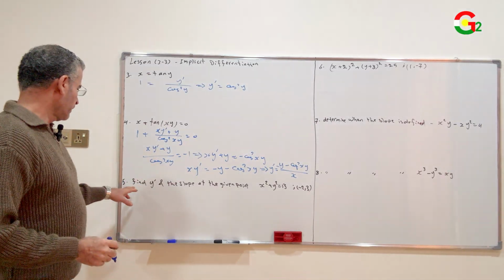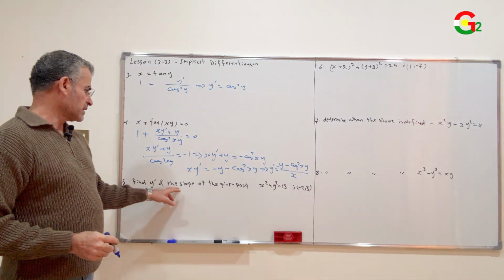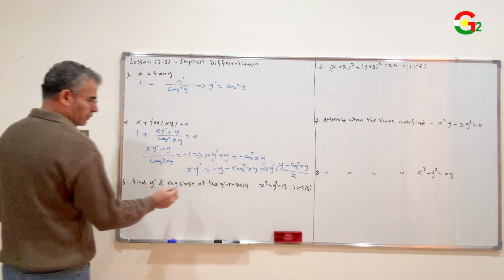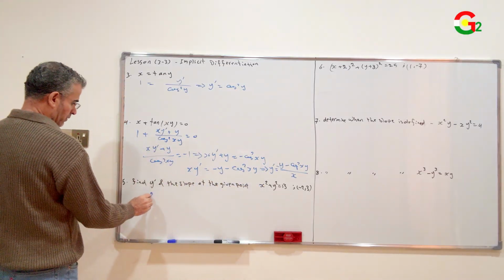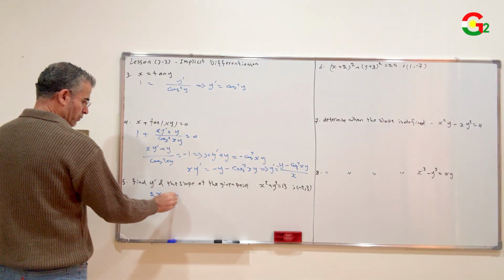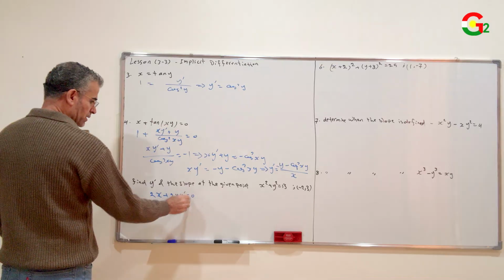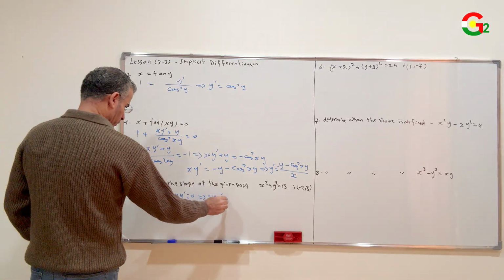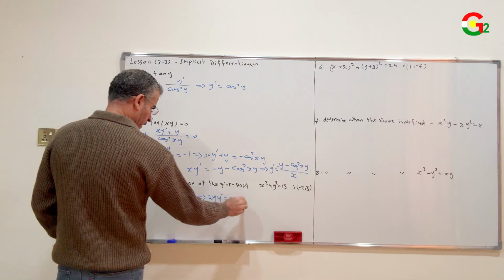Question number 5. Find y prime and the slope at the given point. To find y prime, we differentiate both sides with respect to x. 2x plus 2y y prime equals 0. Then 2y y prime equal to negative 2x.